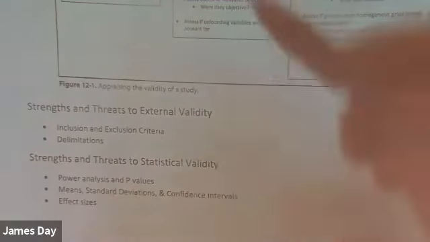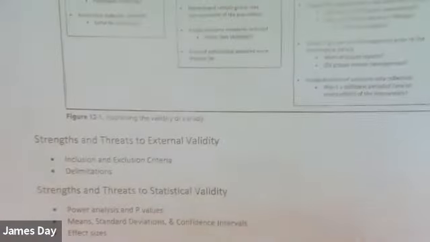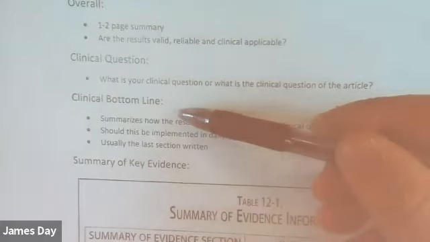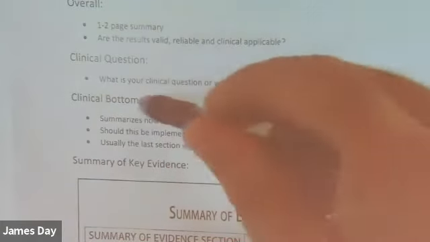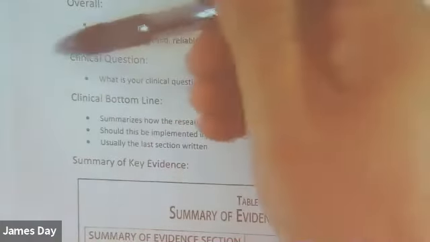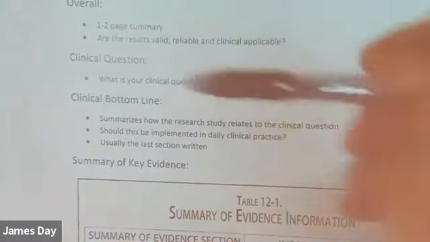This part, so this goes in order. The sheet that I'm showing you goes in order. So you start with the clinical question, then the clinical bottom line. But we write this last.